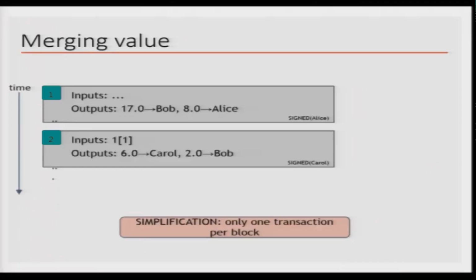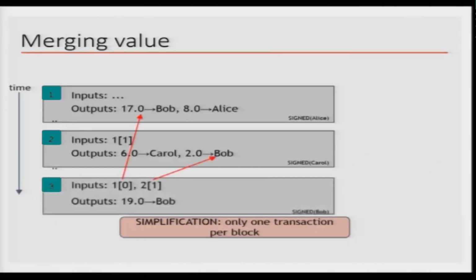I got some coins on multiple change addresses, but it is very difficult for me to keep track of all those change addresses and how much I have in all of those. So, from time to time I may want to merge the contents of those change addresses into a single address. That is what is called merging, and that is what we can do using, like, 2 input transactions. So, one from here and one from here.